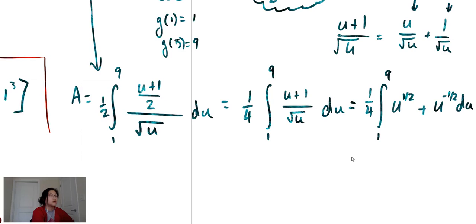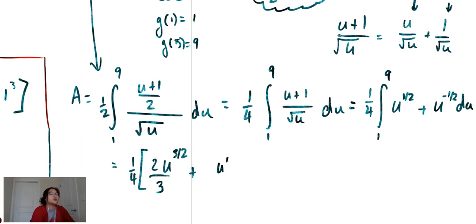We get this equals 1/4 times u to the 3/2 times 2/3, which is the same as dividing by 3 over 2, plus u to the 1/2 divided by 1/2, which is the same as times 2. And we're evaluating that at 1 and 9, using the fundamental theorem of calculus.